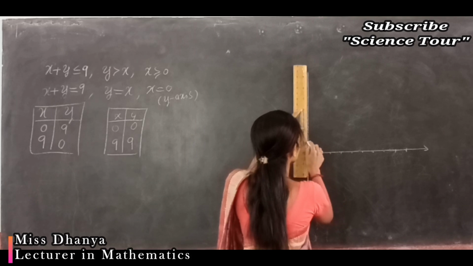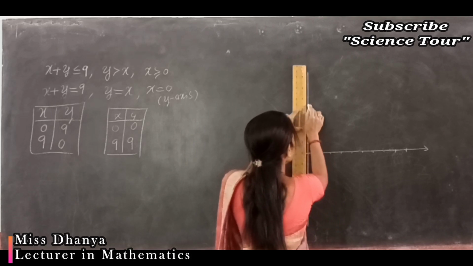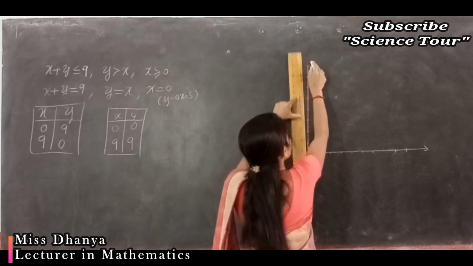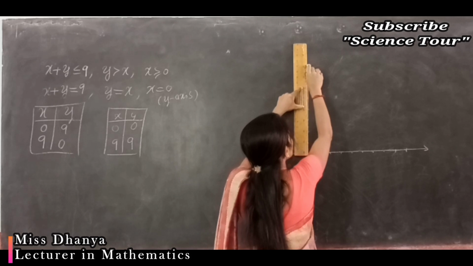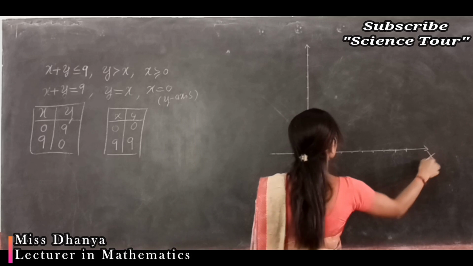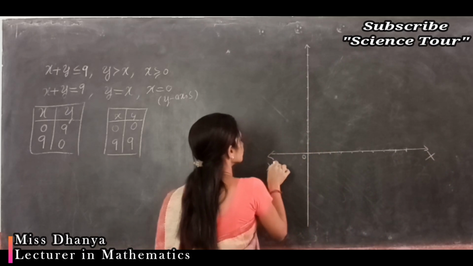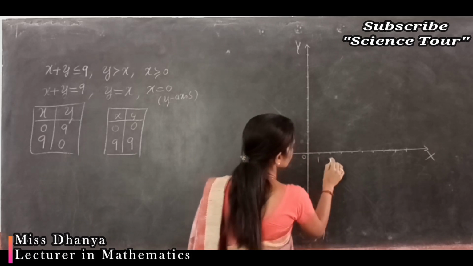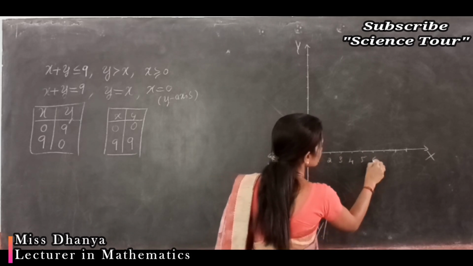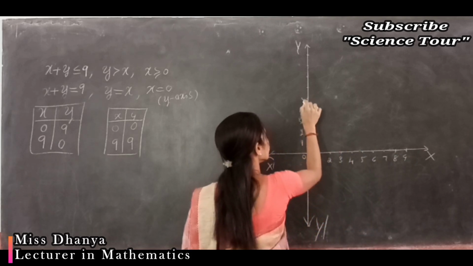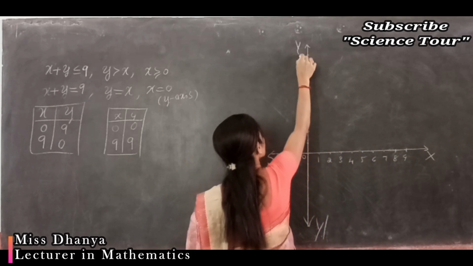Here also 1, 2, 3, 4, 5, 6, 7, 8 and 9. 4, 5, 6, 7, 8, 9. 1, 2, 3, 4, 5, 6, 7, 8, 9.